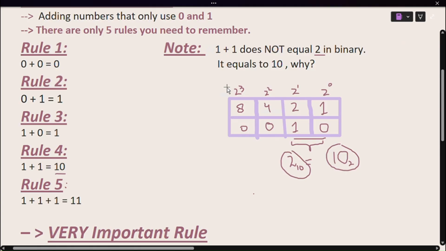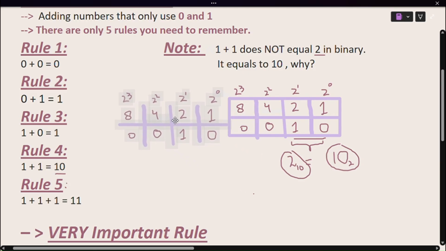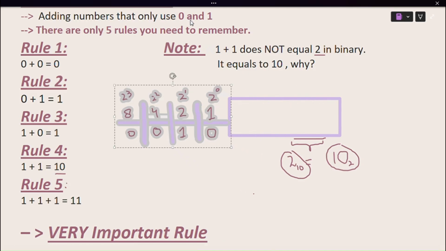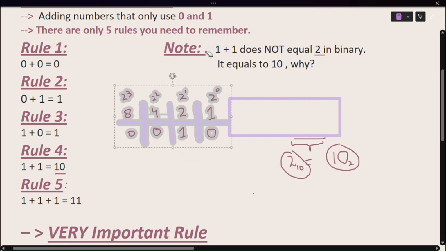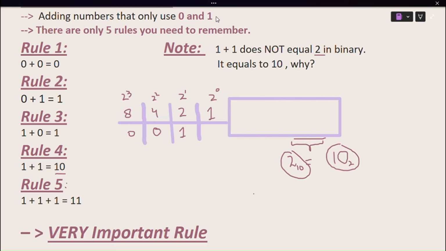Now I'll do the same thing for 3. We know that 1 plus 1 plus 1 is equal to 3. So I'm going to make a binary number using 3 like this. So how is 3 represented in binary? You know that 2 plus 1 is equal to 3.